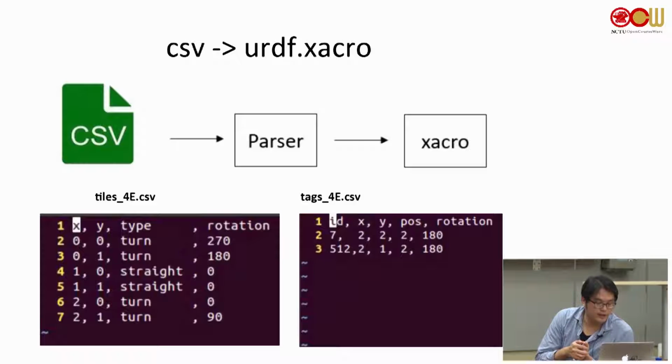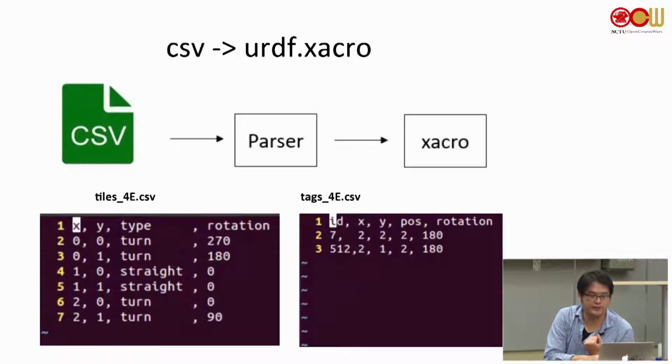And we can also put a couple of April tags in the environment. So in this example, we put 2 of them. The process is like this: you define the tiles, define the tags, and the parser is provided by the Duckietown repo.